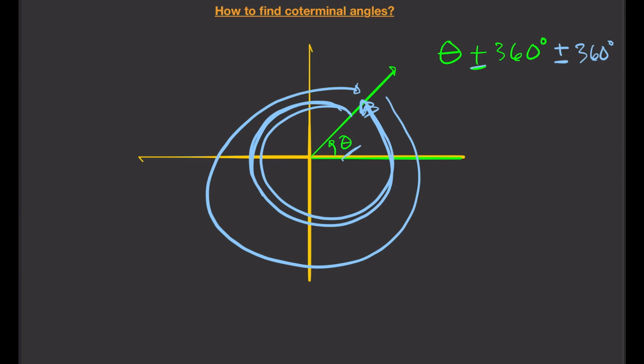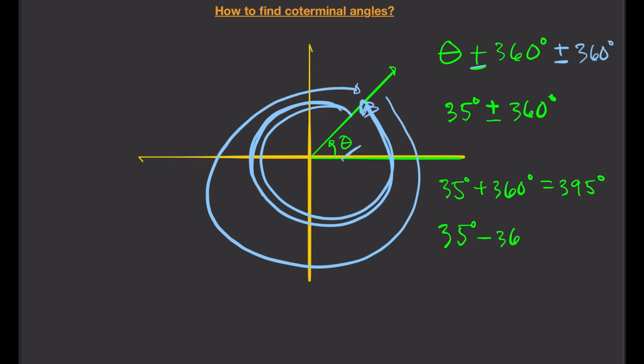For example, if our angle is 35 degrees, you just add or subtract 360. What do you get? 35 plus 360 will give you 395 degrees. And if you subtract 360, that will give you negative 325 degrees.